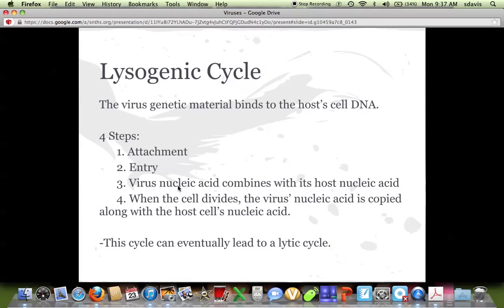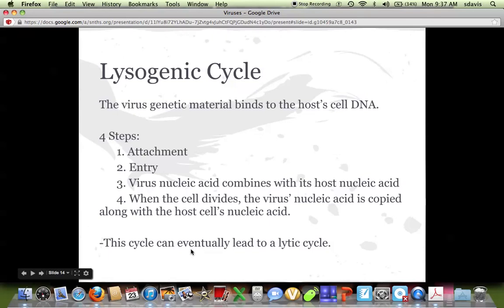And you can consider this phase replication as well if you want to simplify that. So stage 3 would be replication. And step 4, where the cell divides and the nucleic acid is copied. So I guess steps 2, 3, and 4 are all replication.